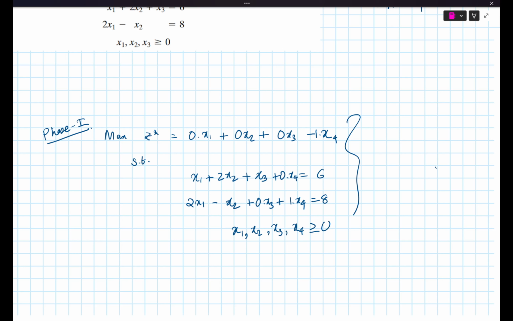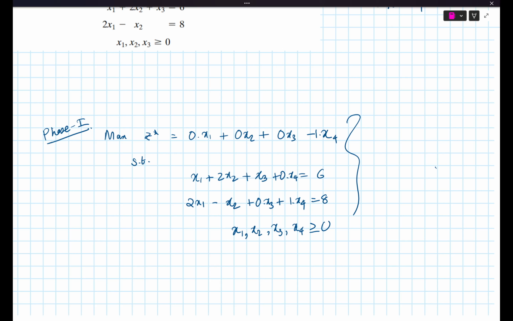To maximize my objective, whatever values of x1, x2, x3 I choose don't really matter. But for x4, which is my artificial variable, if I choose a positive value, I'll get some negative value here. But if I choose it as 0, my objective becomes 0, and that is the best that I can do.